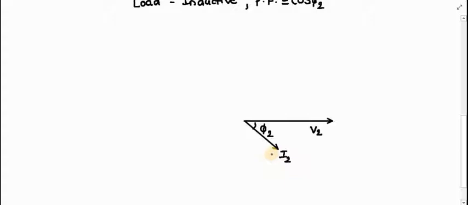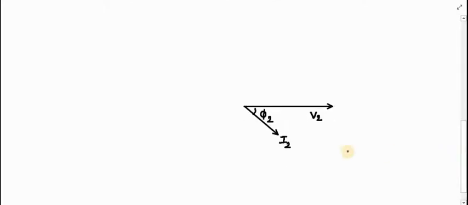Now I will draw the I2 R2 phasor from the tip of V2, which is in phase with the current I2. So this vector is your I2 into R2.